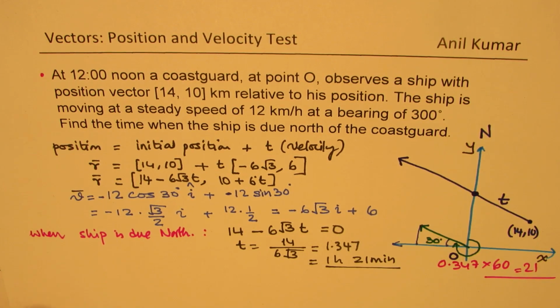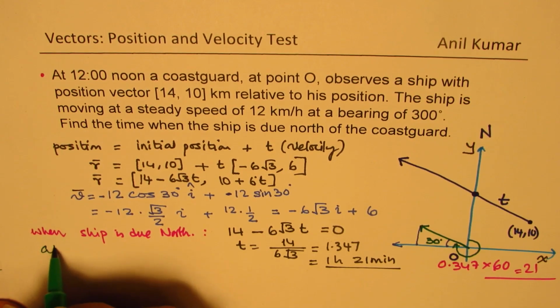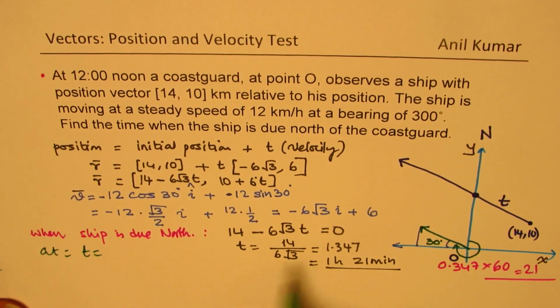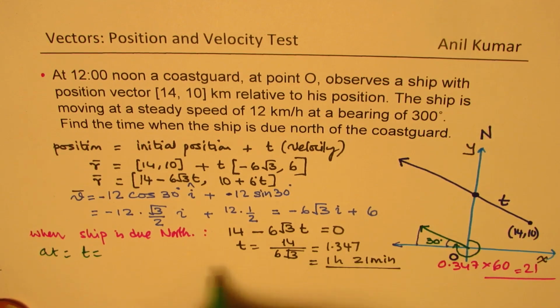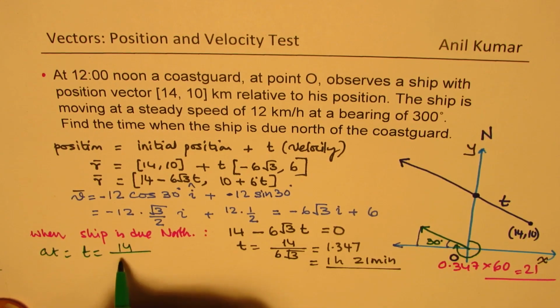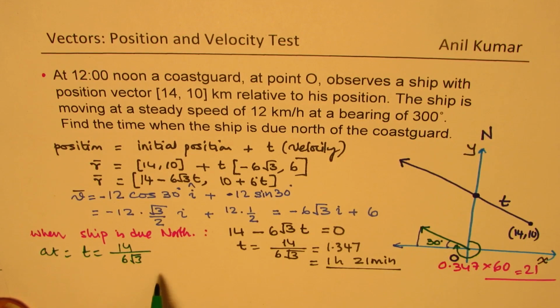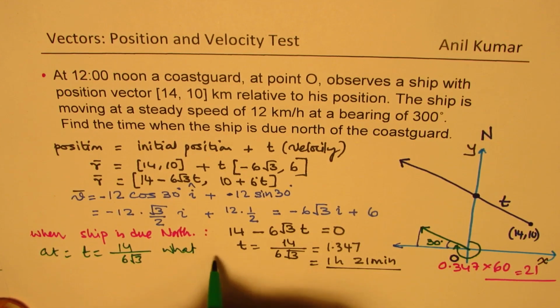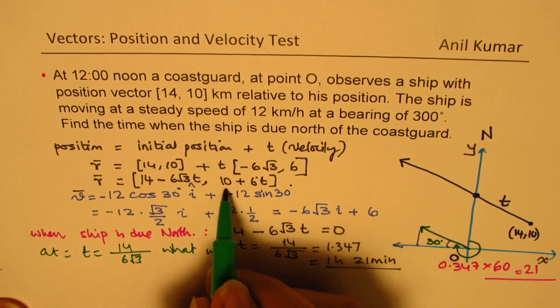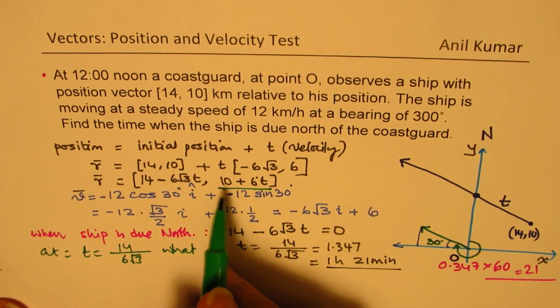Now tell me, at t equal to 14 over 6 square root 3, what will the y component signify?